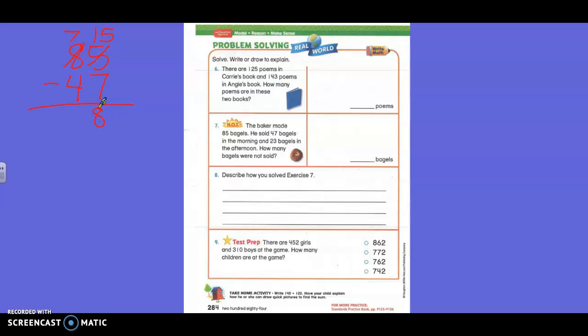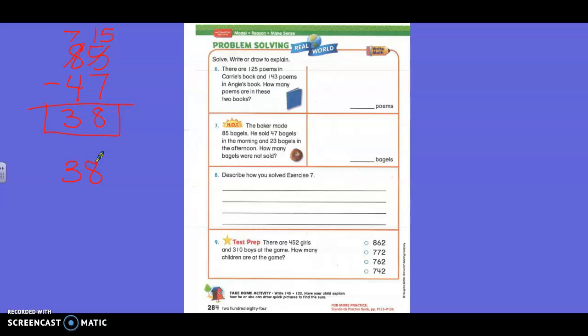Now, 7 minus 4. Grayson? 3. Okay, so after he sold 47 in the morning, then he has 38 bagels left, right? Okay, so 38 is what he has left.